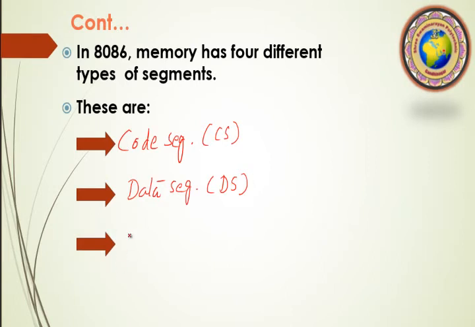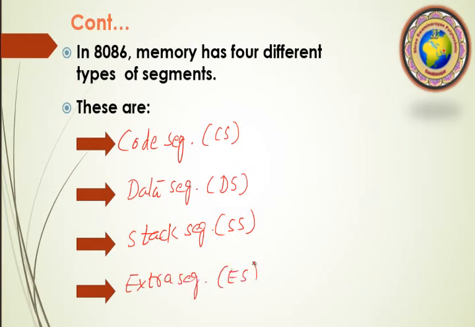Then the stack segment, also called SS. The fourth one is the extra segment, called ES. This extra segment is one type of data segment, but it is an extra one.